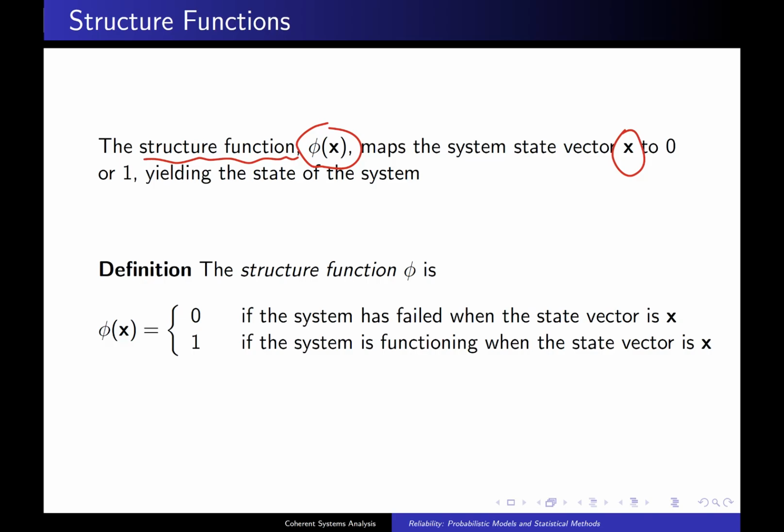So here's the definition. The structure function phi is 0 if the system has failed when the state vector is x, or it is 1 if the system is functioning when the state vector is x. So this same 0 and 1 is used as it was for the individual components. 0 corresponds to a failed system, 1 corresponds to a functioning system.